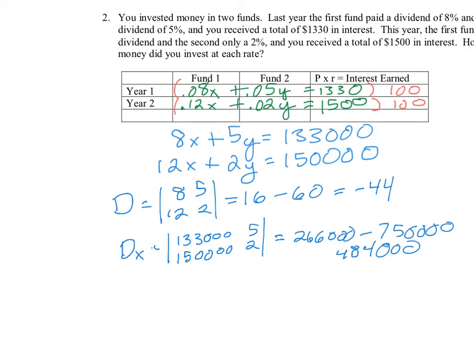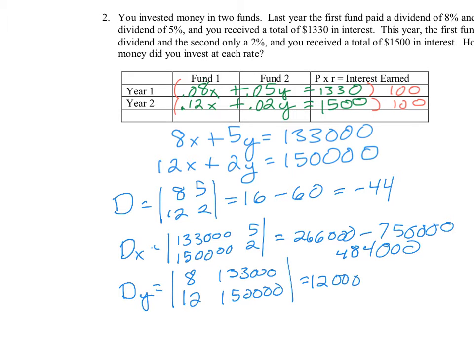Okay. Now I have d sub y, which is 8 and 12 with my answer column. Okay, so I have 8 times 150,000, and I get 1,200,000. And I'm going to subtract 12 times 133, 3 zeros.